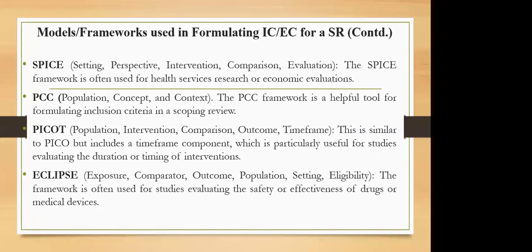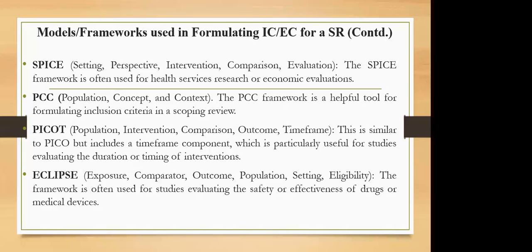Now, we also have other models like the SPICE. SPICE is the setting, perspective, intervention, comparison, evaluation. It's usually used for economic evaluations, depending on the context. We also have scoping reviews, of lower relevance compared to the systematic review, with the PCC framework: population, concept, and context.